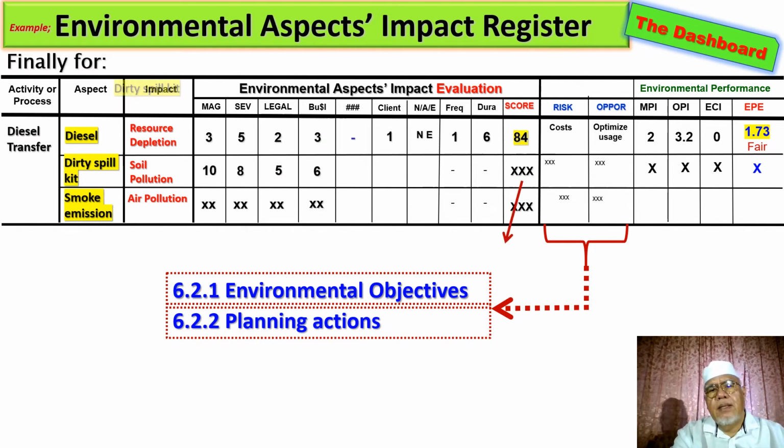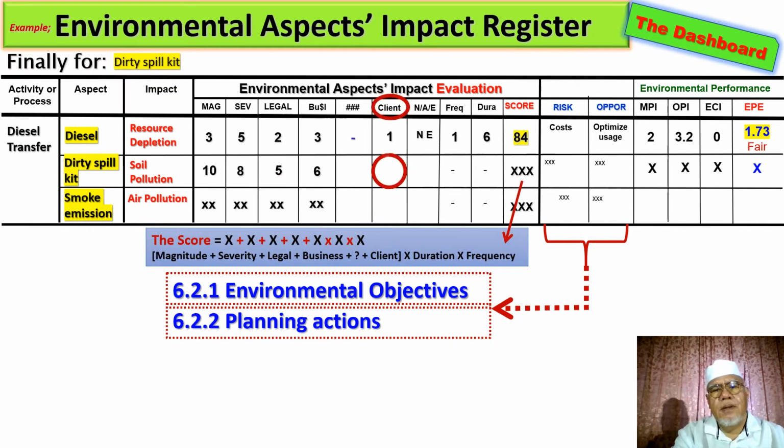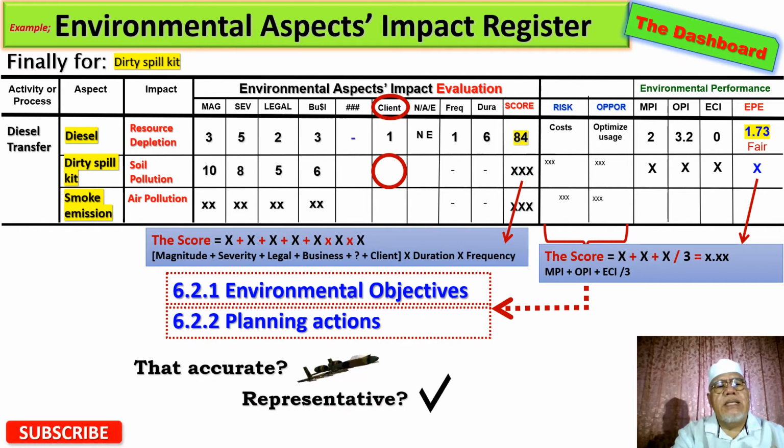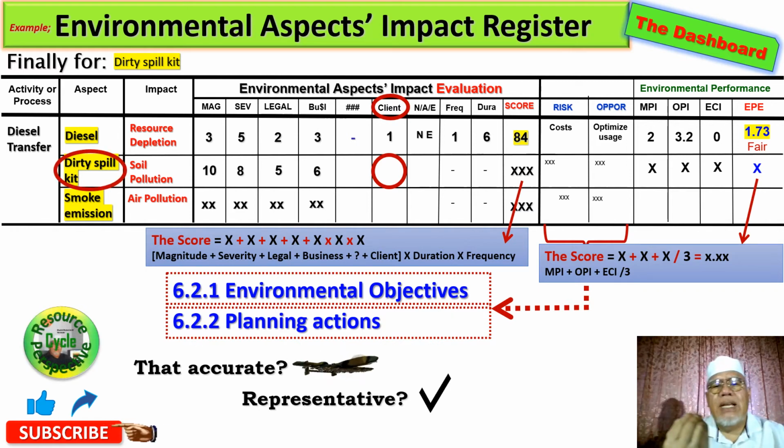As I said, this is the dashboard. All right, and this is what we want to do. We want to determine how the diesel spill kit as an environmental aspect scores if we put client as one of our environmental aspect evaluation criteria. Why client?